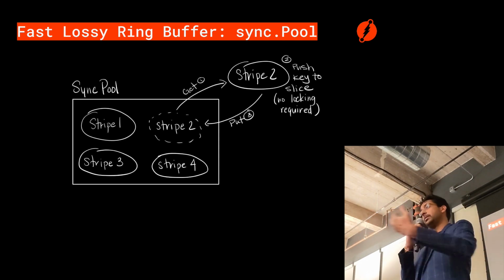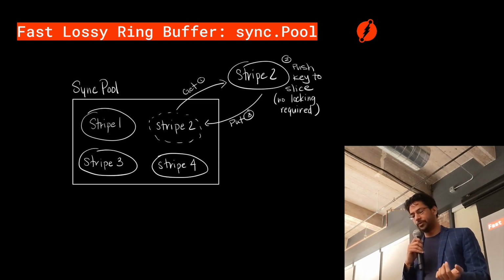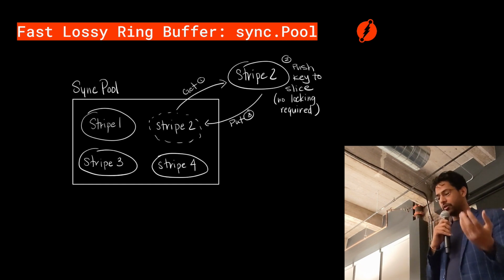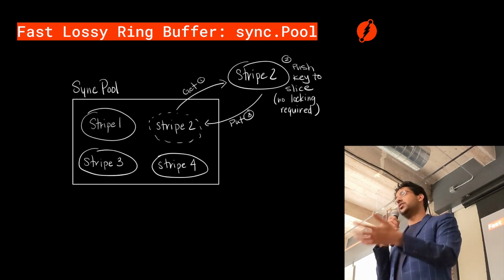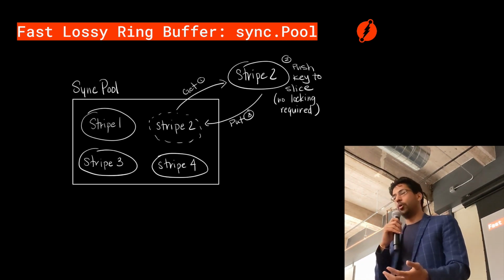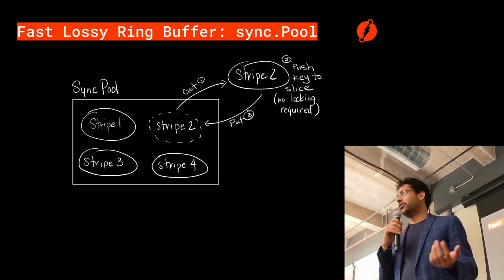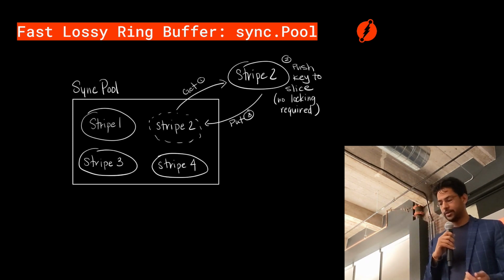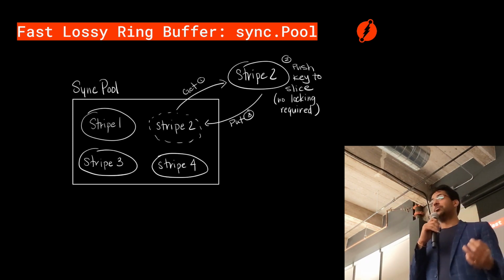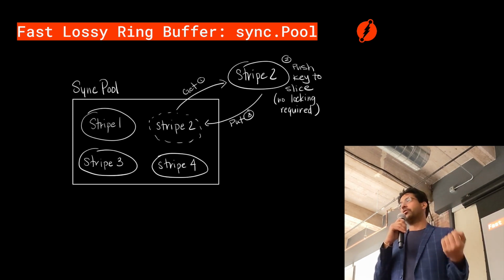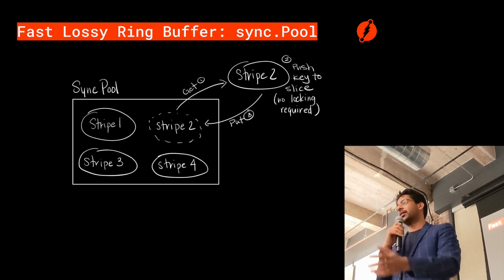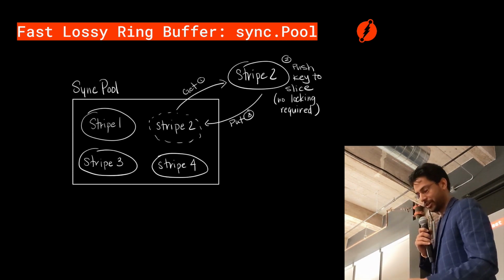And finally, the buffer can be pushed back into the pool, right? And in a heavy workload, if there are too many buffers, the Go GC would automatically drop some of them, so we get the lossy behavior that we wanted, right? So it's very simple code: sync.Pool Get, you get this buffer, push the key inside, sync.Pool Put the buffer back, and let's look at the benchmarks.